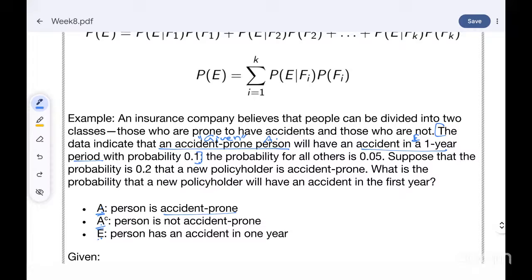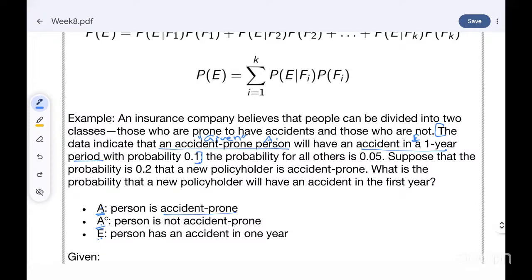If you have the word and, then only intersection should come. Here they are saying an accident prone person will have an accident within 1 year. So already the person is accident prone, that is given. And then the probability is 0.1 for accident to happen within 1 year. So this is P of E given A. Okay, very good.